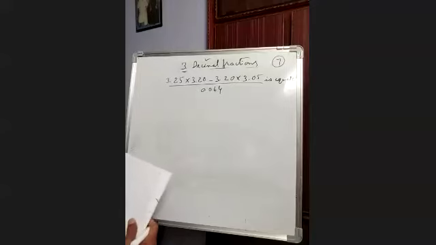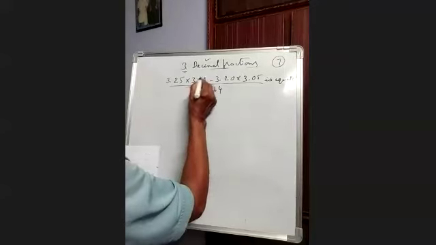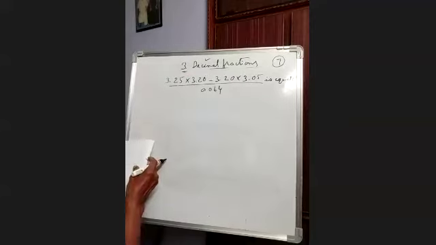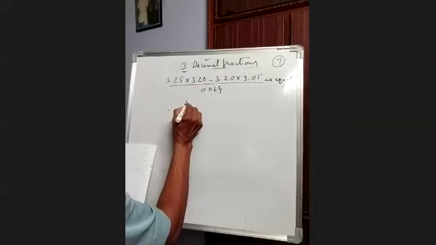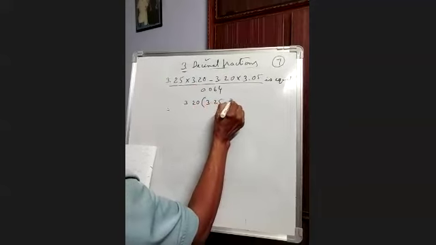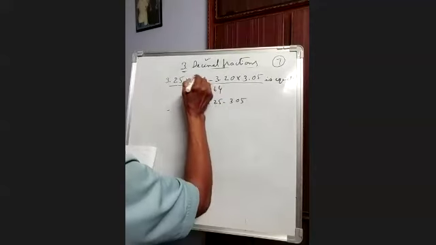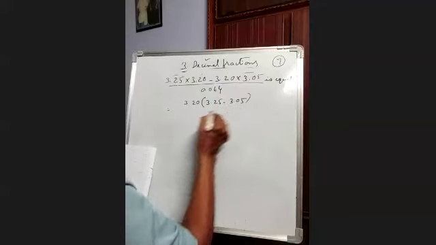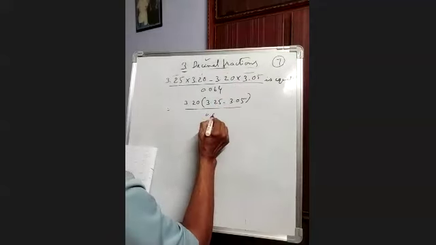By looking at this, you have to see the common point in both products. 3.20 is common. So take 3.20 common, 3.25 minus 3.05, and this will be left by 0.064.